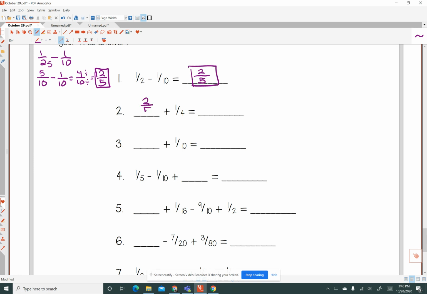So 2/5 plus 1/4. Let's change our color.